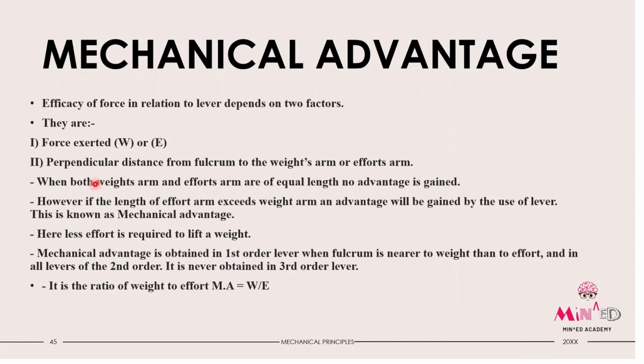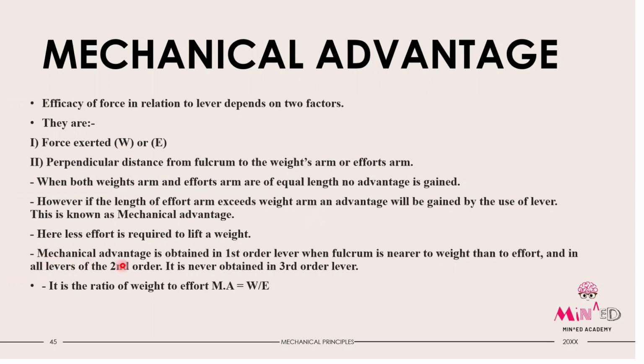Fine. So when both the weight arm and effort arm are of equal length, that is EA equals RA, mechanical advantage will be 1, meaning there is no advantage. Now, if the length of the effort arm exceeds the weight arm, then advantage will be gained, so mechanical advantage will be greater than 1.